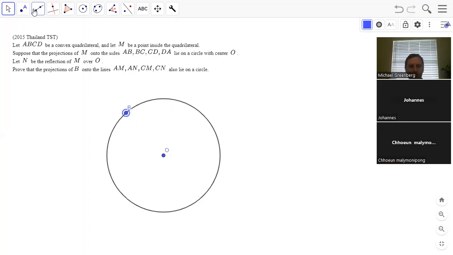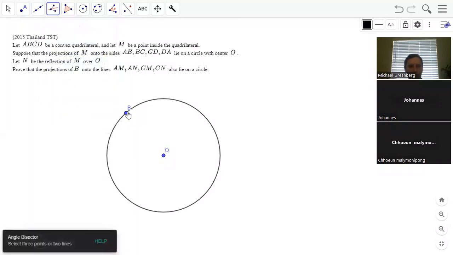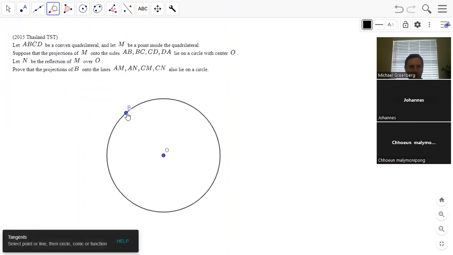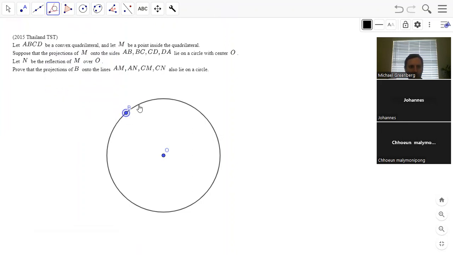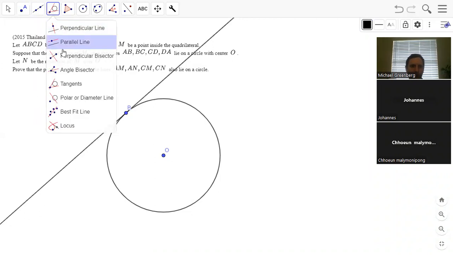Yeah, how would I draw this kind of figure? So we have this, and then we have a point M, where this would be one of the projections, right?